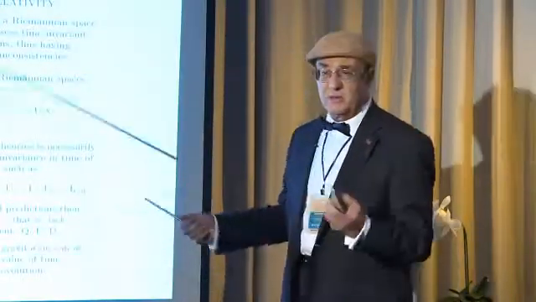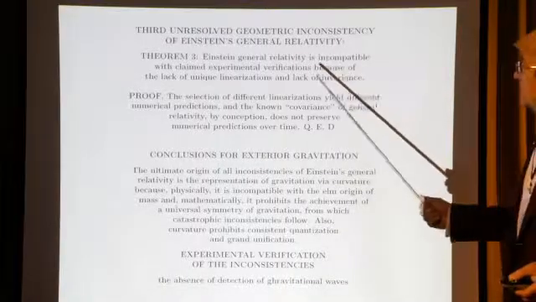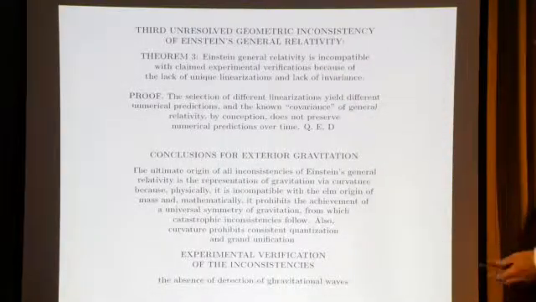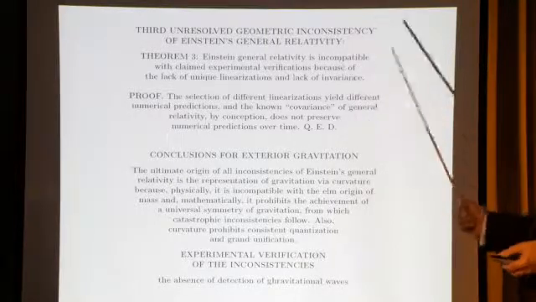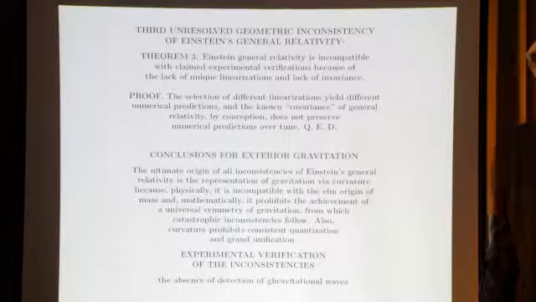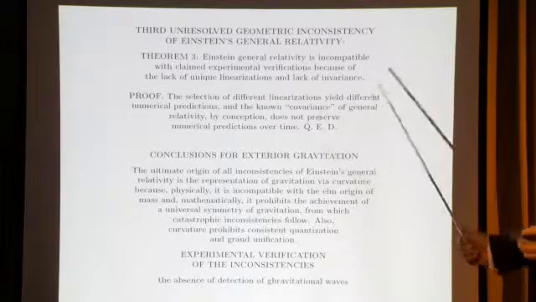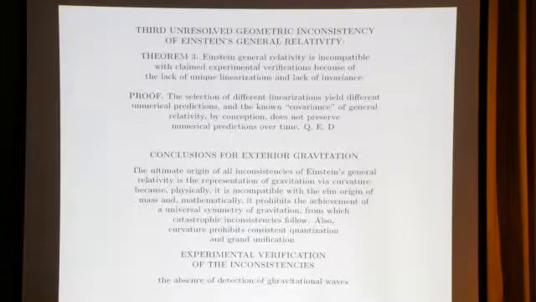When you go to the operator level, you have an even much more catastrophic inability. The third theorem essentially states that Einstein general relativity is incompatible with claimed experimental verifications because of lack of uniqueness in the linearization process, as well as lack of invariance.